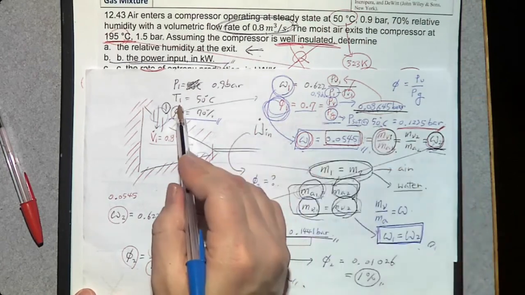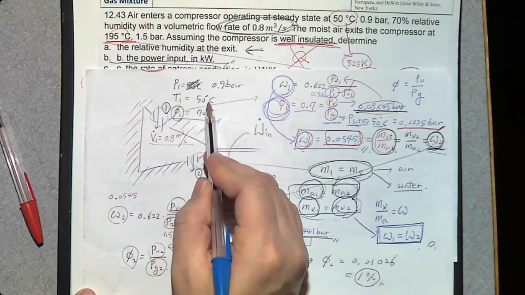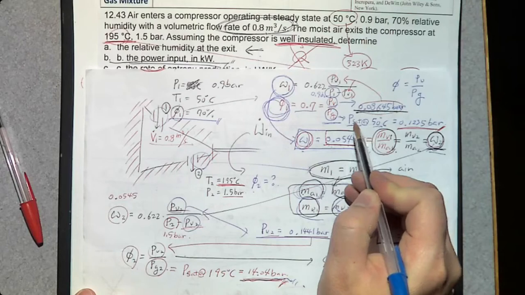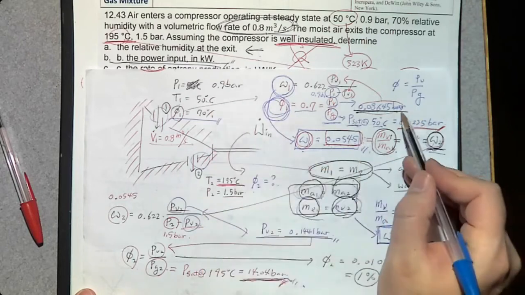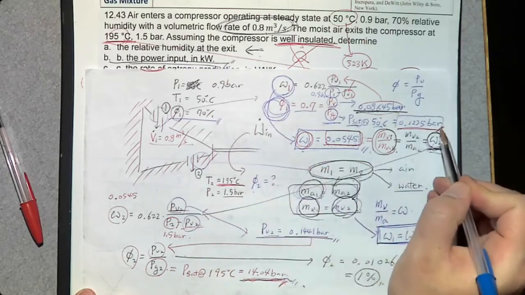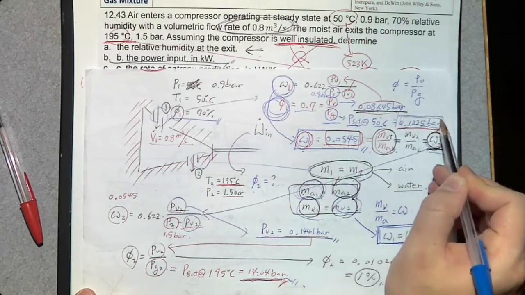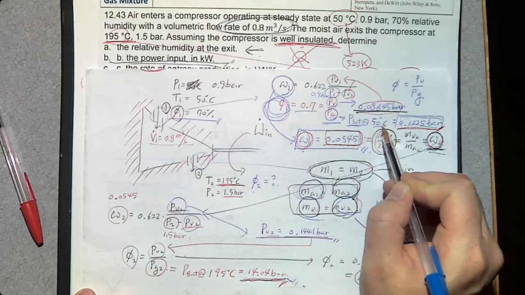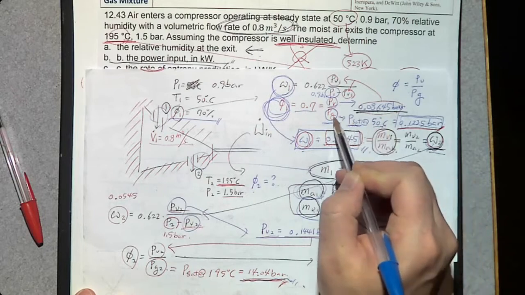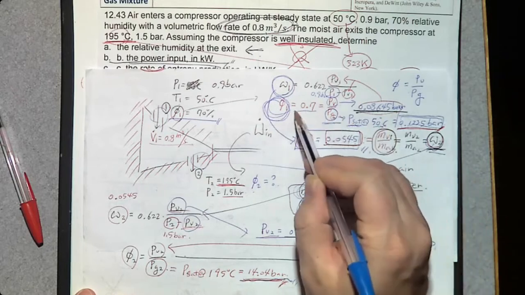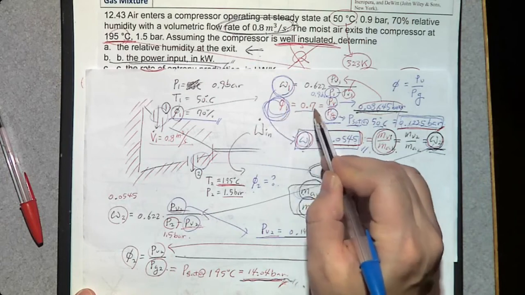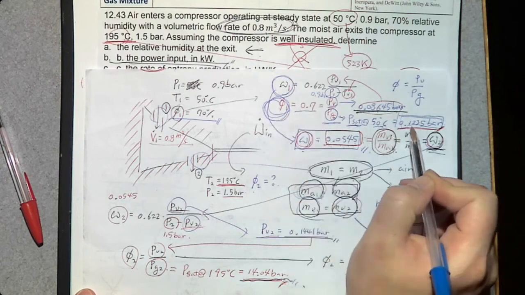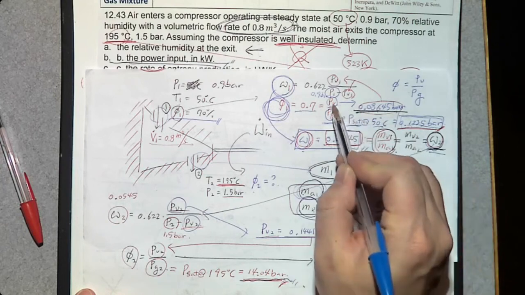The inlet temperature is 50 degrees Celsius, so if you find the saturation pressure at 50 degrees Celsius, we get 0.1235. That is P sat at 50 degrees Celsius, which is the denominator in this equation. Since we know the relative humidity is 0.7, if you multiply 0.7 by P sat, you can determine PV.